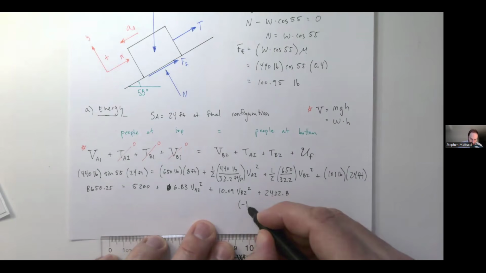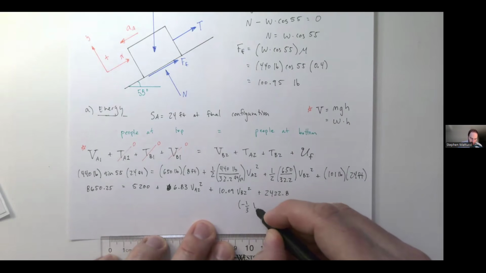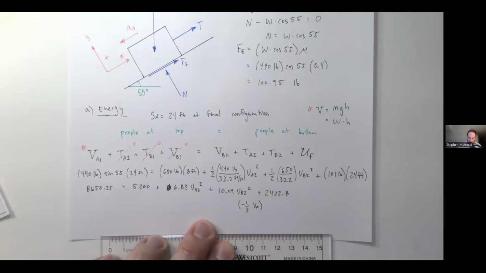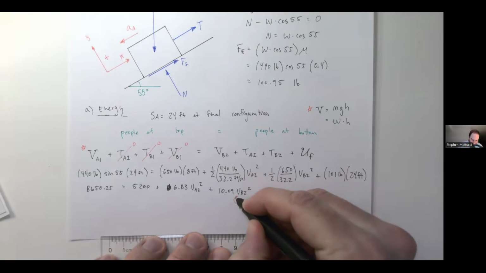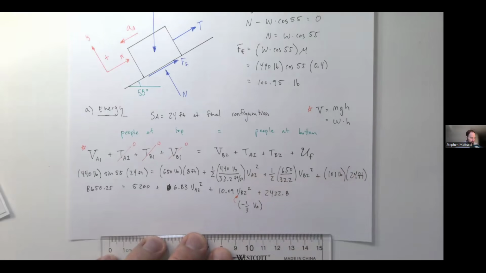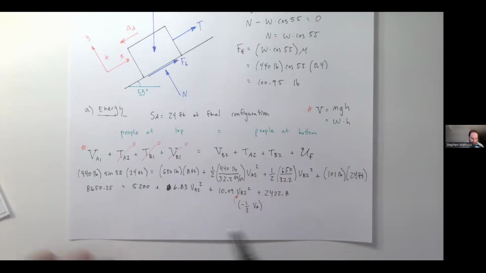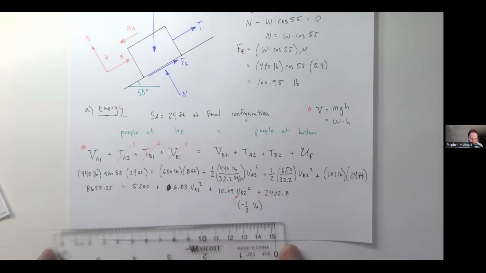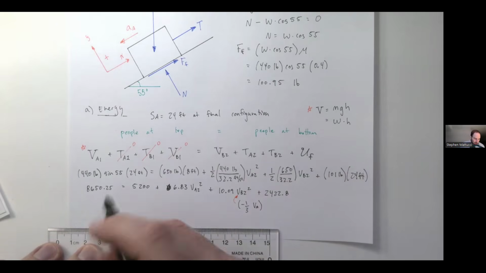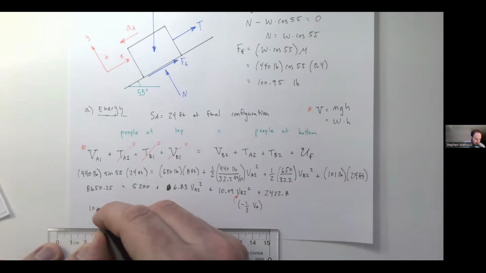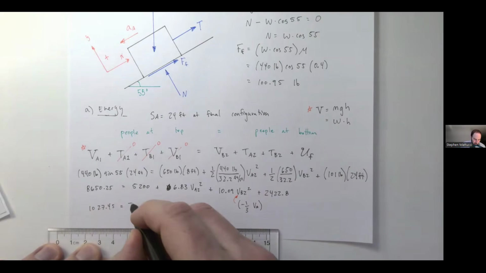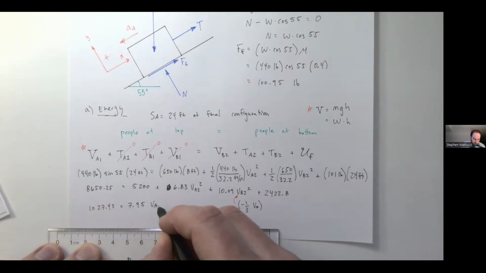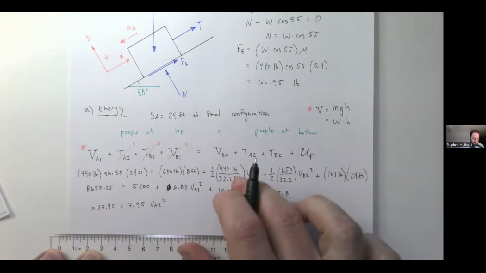We know this is going to be equal to negative 1/3 VA. So we can sub that in. This is going to all reduce. We're going to get 1027.45 is equal to 7.95 VA squared.